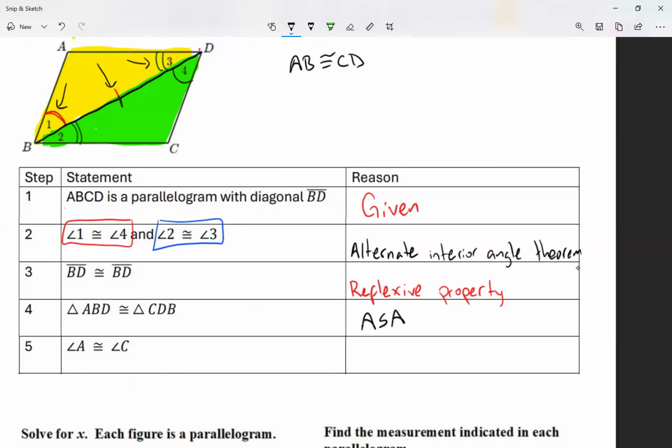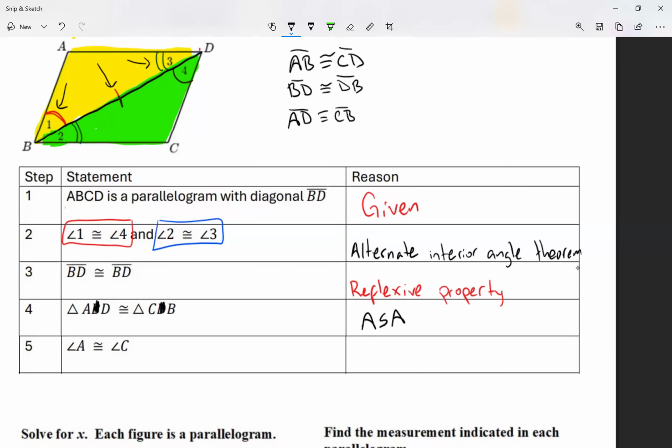We accept it as soon as we say they are congruent. Using the last two letters, I'm going to say the segment BD is congruent to the segment DB. And if I use the first and third letter, ignoring the middle letter, the segment AD is congruent to the segment CB.